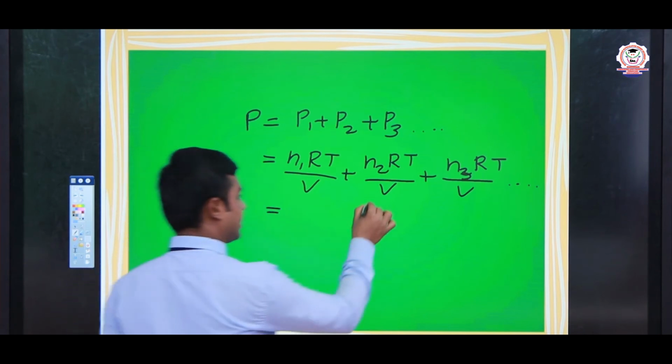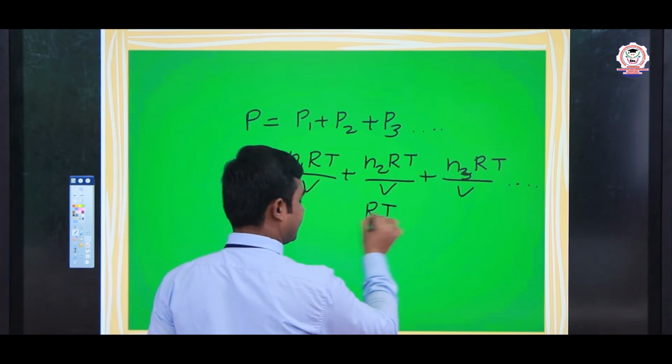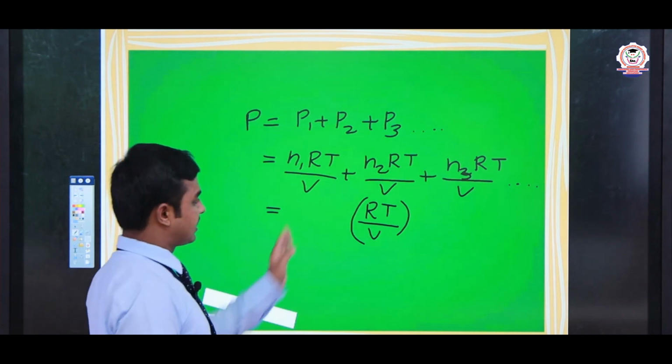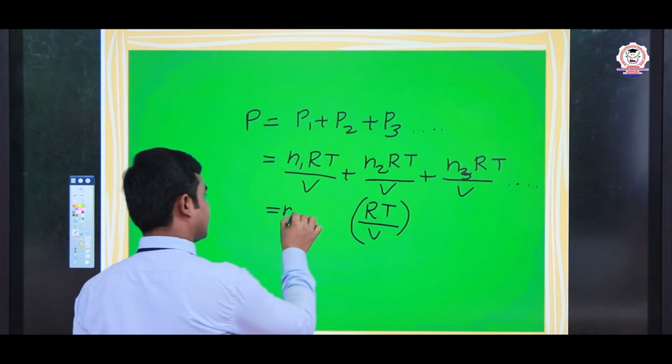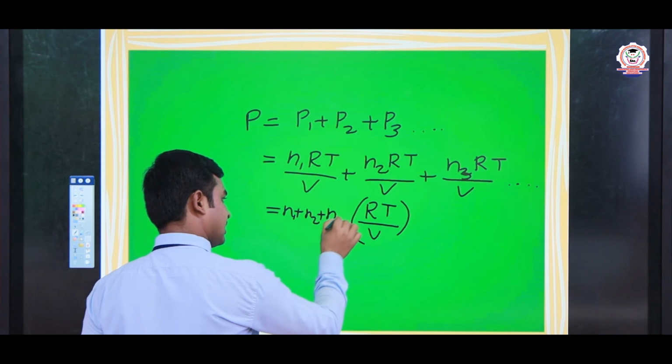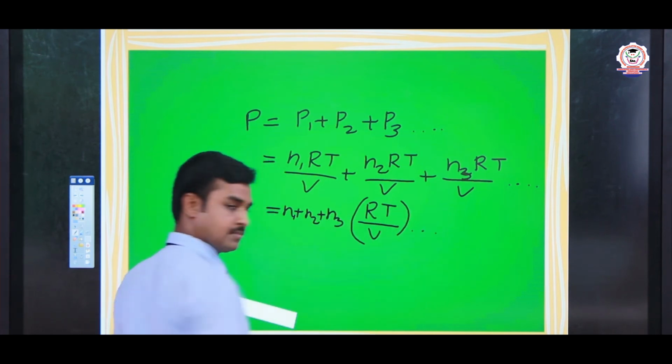Here the common terms are RT divided by V. So you take the common term out and write n1 plus n2 plus n3, and so on.